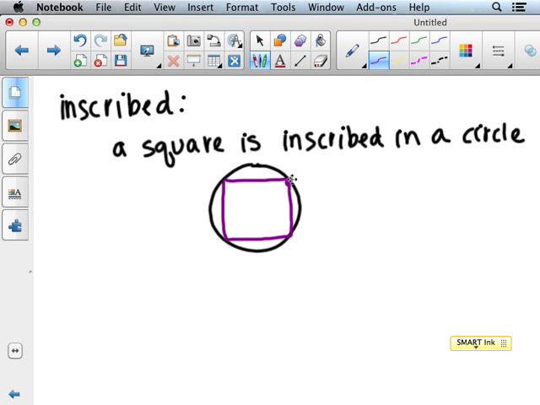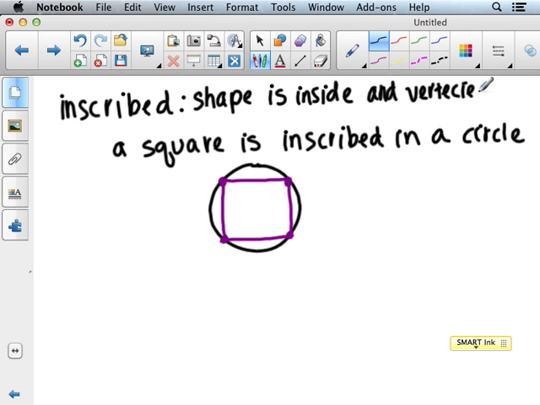And notice that all of the vertices are on the circle. So inscribed means that the shape is inside and the vertices are on the circle. Okay, but it doesn't have to be a circle. A square could be inscribed in other shapes also, but here we're looking at a circle.